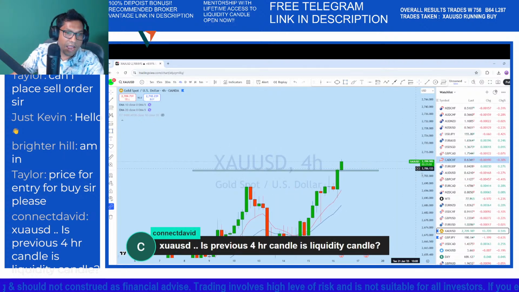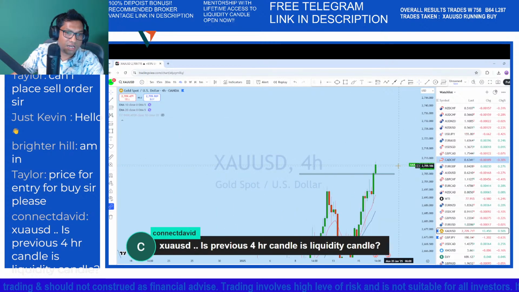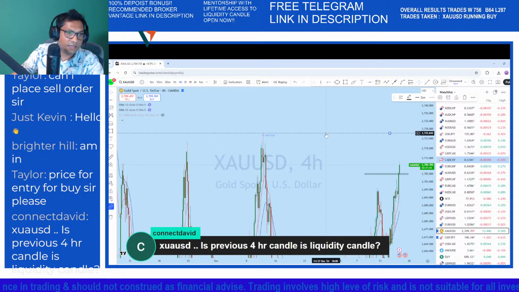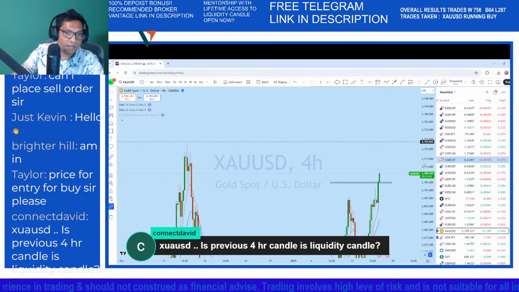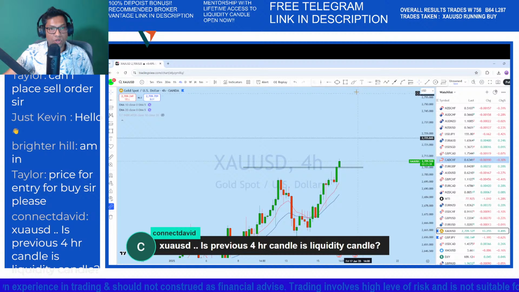In this support level, bullish engulfer, expecting for the market to go ahead and then create a new higher high.